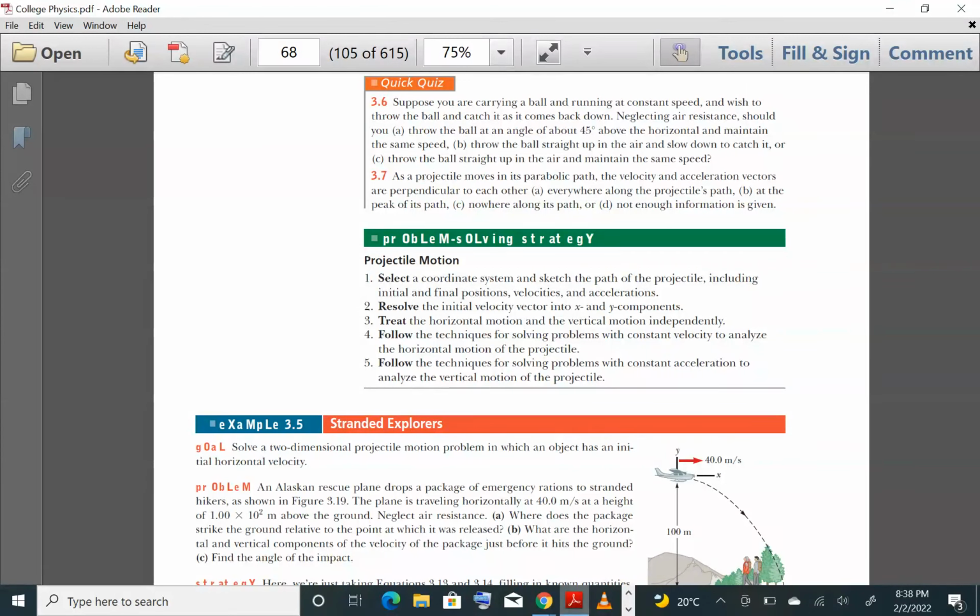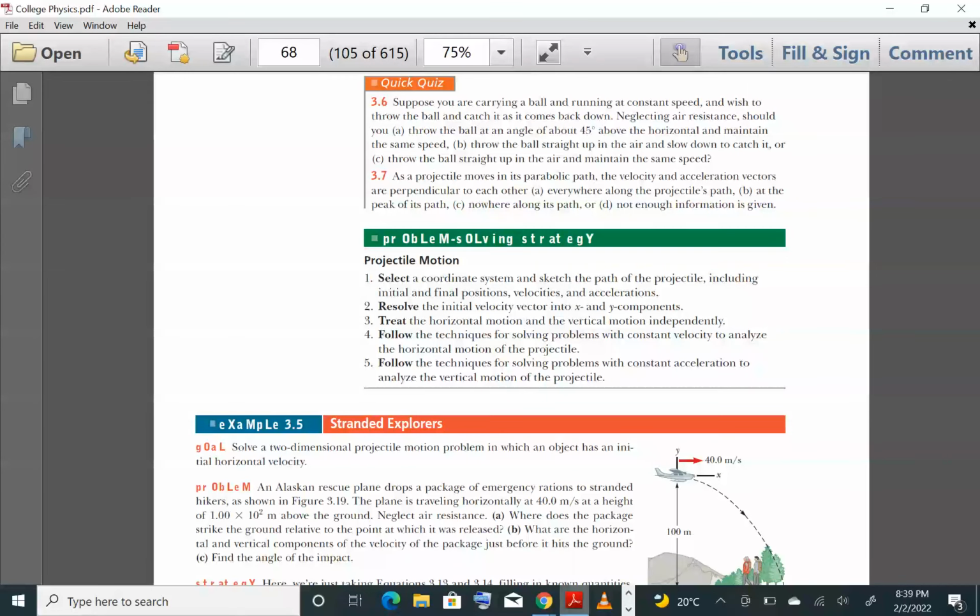In the sense that when we are trying to answer this question, we are going to get that initial velocity for the horizontal. We know that the vertical didn't have an initial velocity, right?